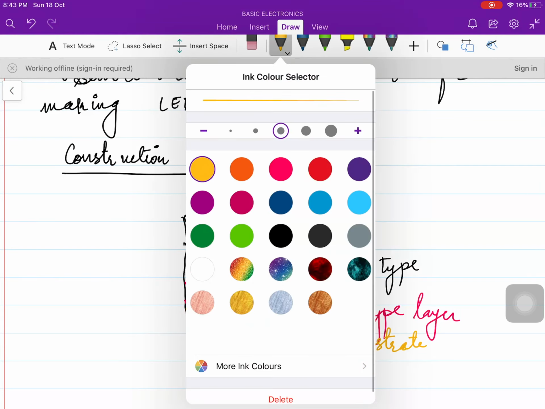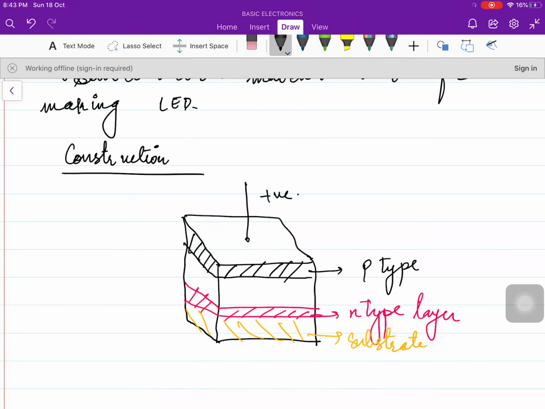And the middle portion, that is between the P and N type, is called the active layer. The active layer is the area where the recombination will take place and the light will be emitted.